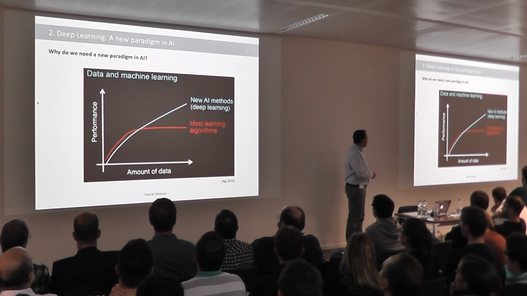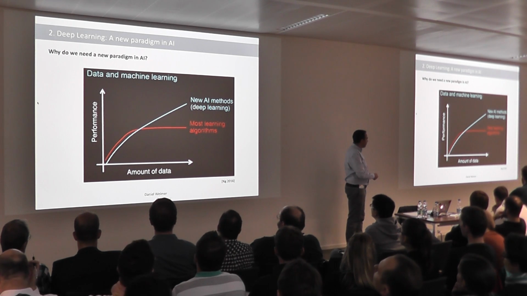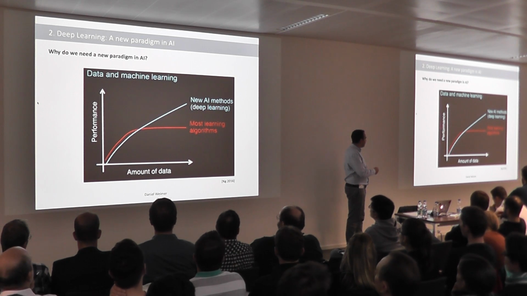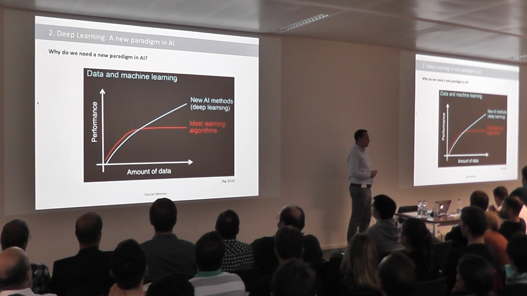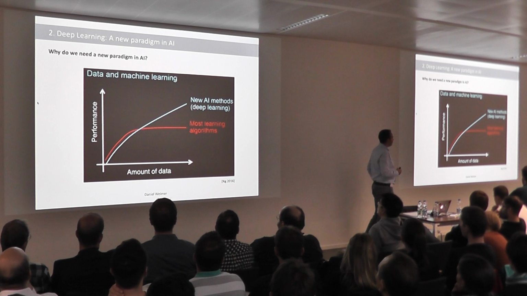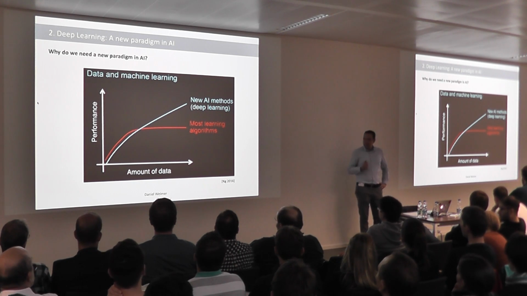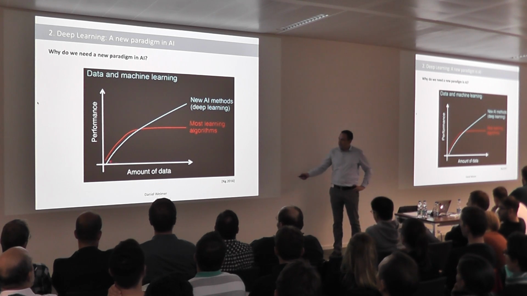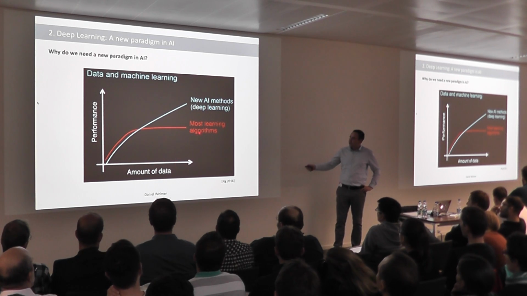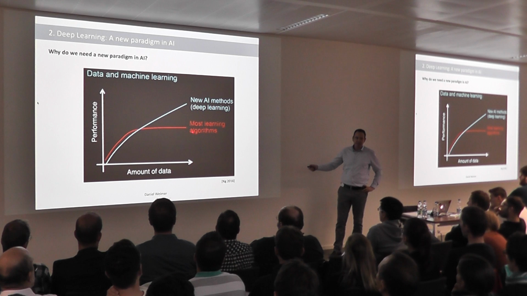What you see here is the amount of data, let's say the amount of training data, and the performance you can gain on a test set the algorithm has not seen before. And what you can see is that with a rising amount of data, most learning algorithms are saturating with respect to performance.